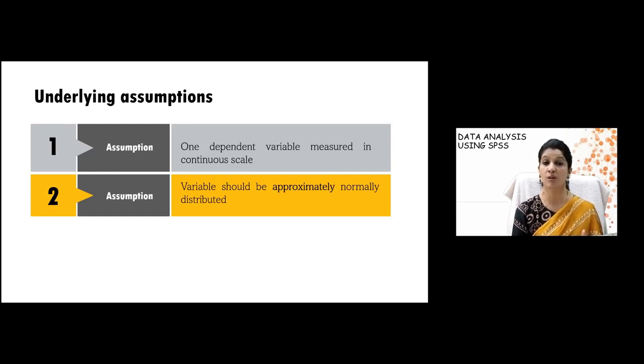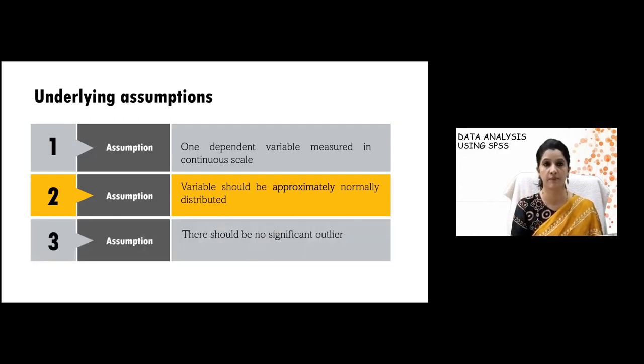We are saying approximately, because we are not saying it should be very stringently or totally normally distributed, as there can be a little bit of deviation. And the third is there should be no significant outlier. There may be outliers, but they should not be large in number. So these are the three assumptions of a one sample t-test.